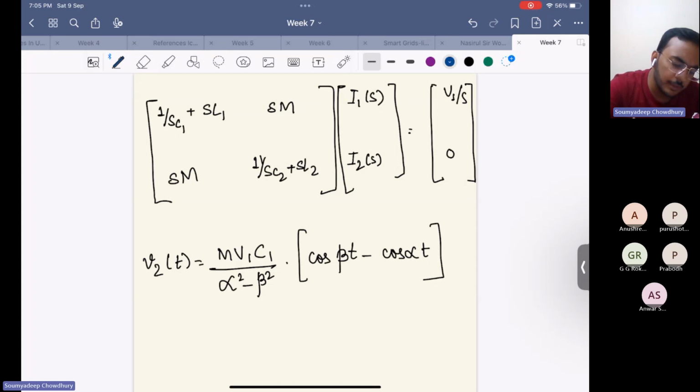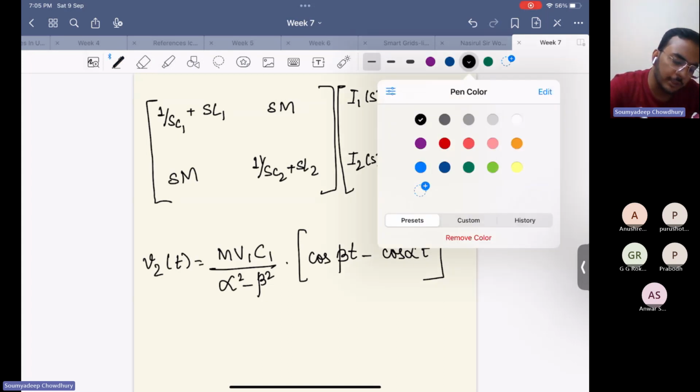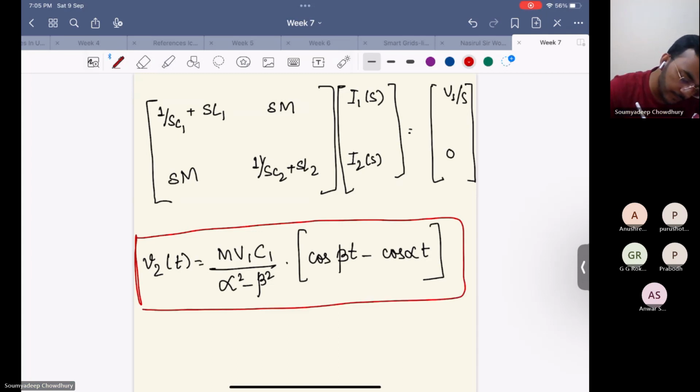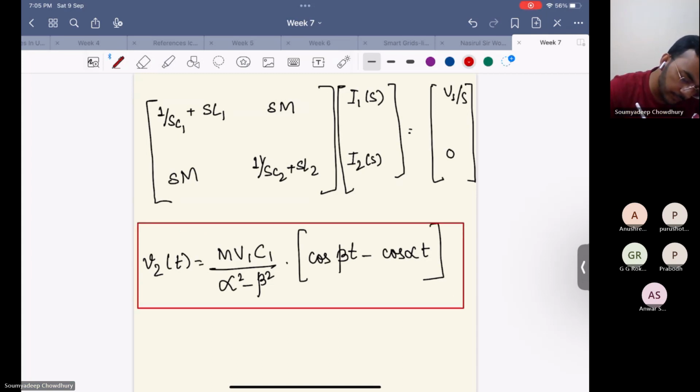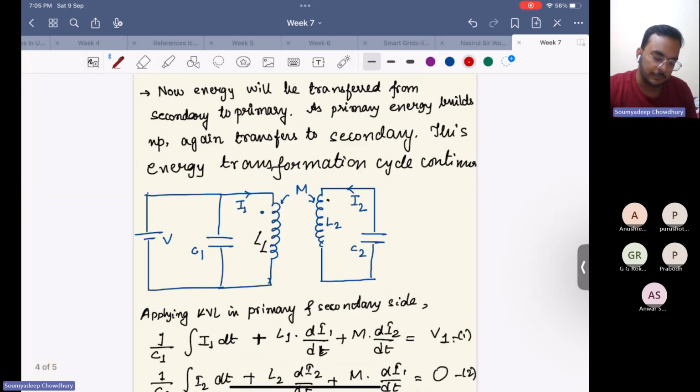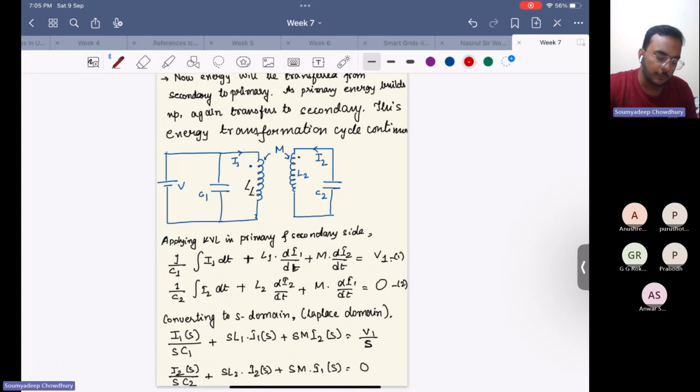This is the expression for the final load voltage, the voltage across the load capacitor. You can see it is a very high frequency voltage. This alpha and beta will be some constants which will appear. If you take the Laplace and then the inverse Laplace, you will get this V2, the load voltage.